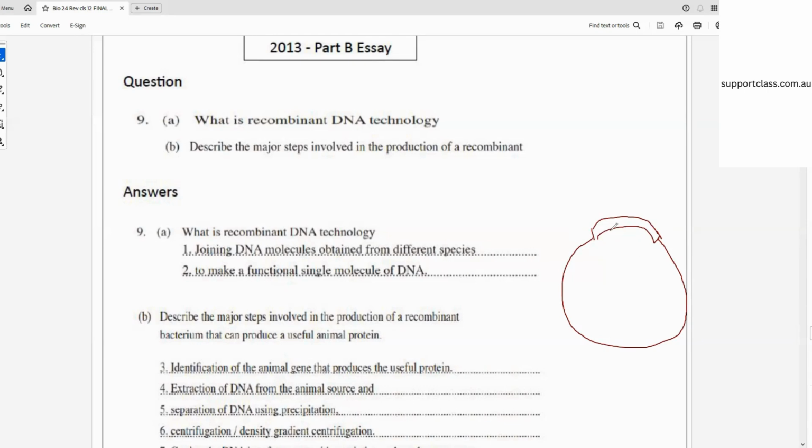This is a good example for recombinant DNA technology, because once you insert it into the host, the host is obviously bacteria because it's a bacterial plasmid. The host has its own chromosomal DNA, and this plasmid is extra chromosomal DNA. Extra chromosomal means outside the main chromosome.